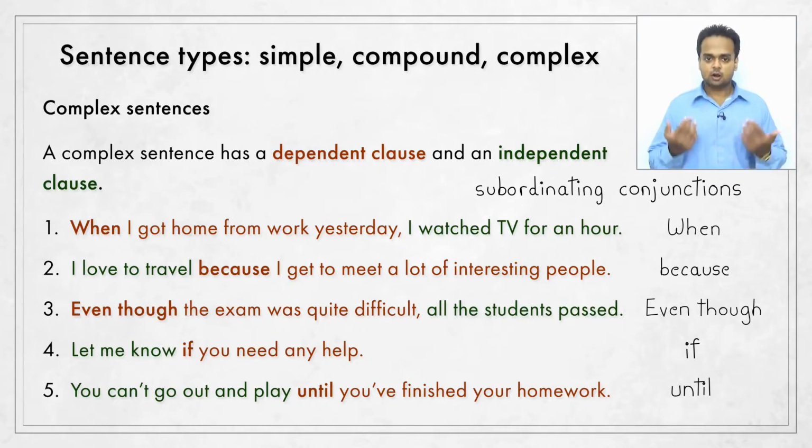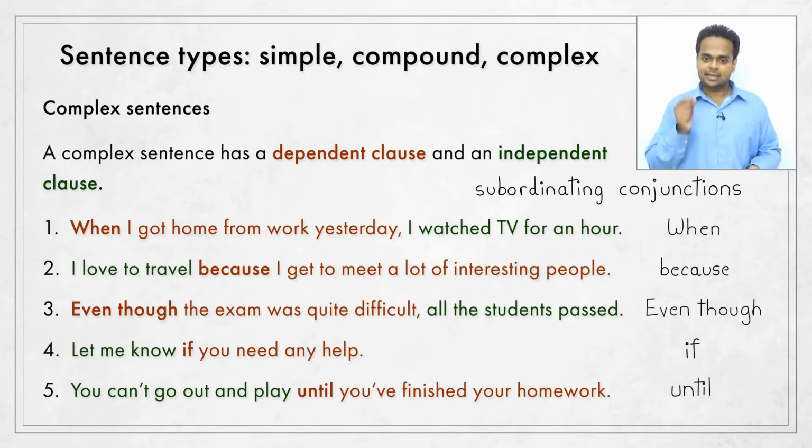So the conjunctions are subordinating conjunctions. If you remember from the previous section, we connected the independent clauses using coordinating conjunctions. And here we're using subordinating conjunctions. Now there's one more thing I want you to notice here, and that is the use of commas. In sentences 1 and 3, you see that there is a comma, but in sentences 2, 4, and 5, there's no comma.